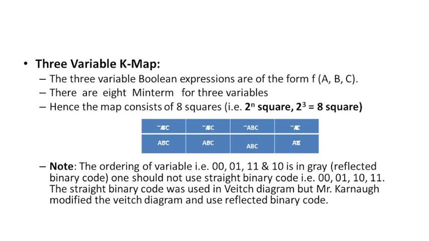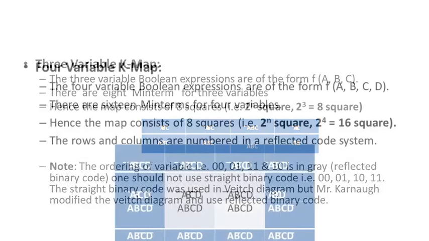The order of variables is 00, 01, 11 and 10 in the Gray reflected binary code. One should not use a straight binary code like 00, 01, 10, 11. The straight binary code is used in the Veitch diagram, but Mr. Karnaugh modified the Veitch diagram and used the reflected binary code.